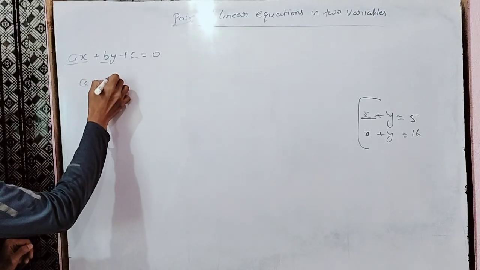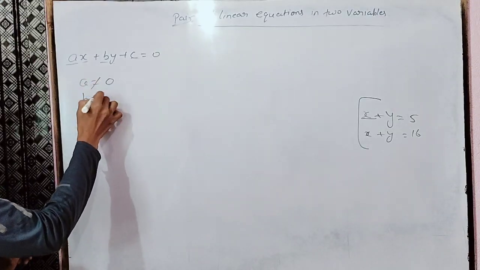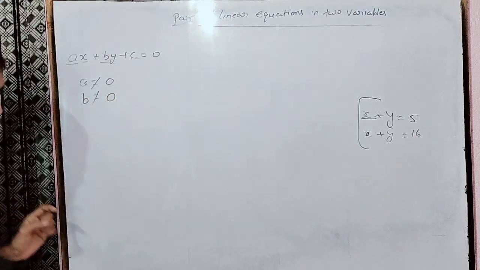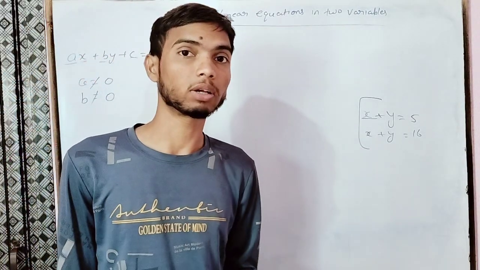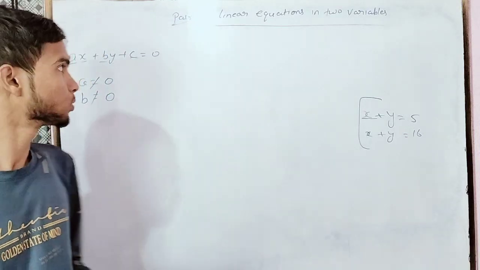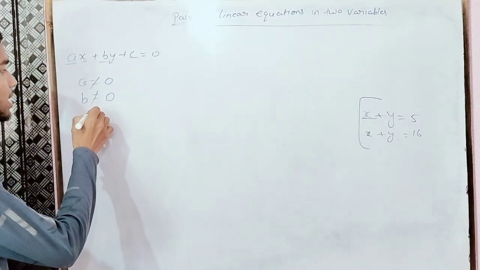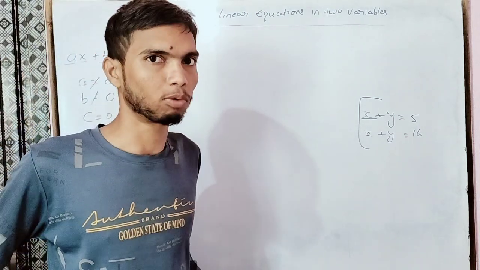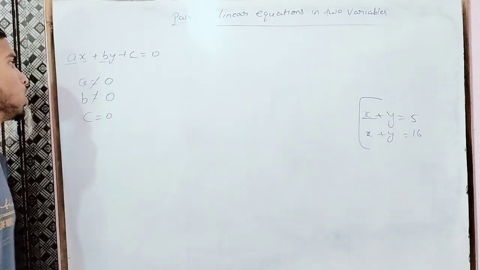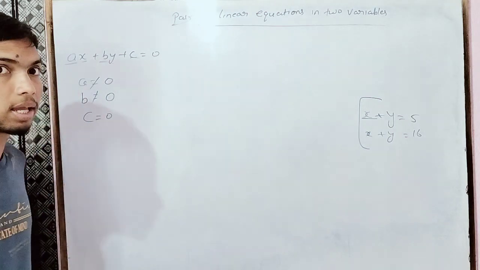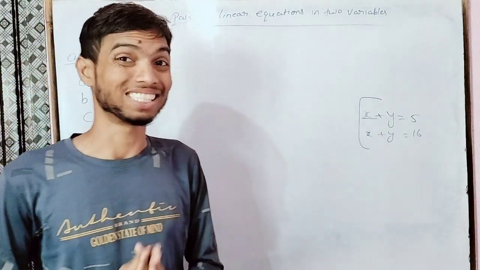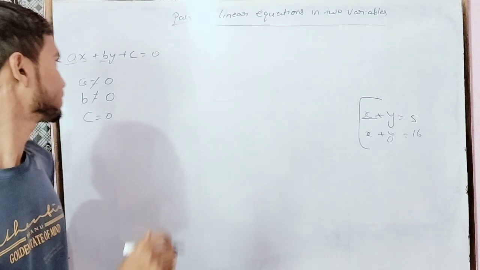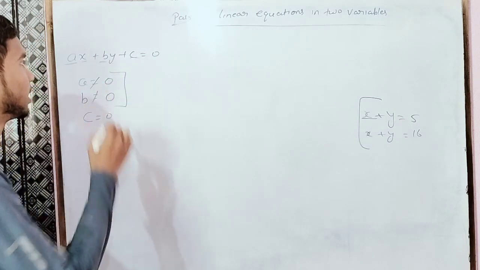But here is a warning: a should not be equal to 0, and b should not be equal to 0 as well. Here c can be 0. You can put c as 0, but a and b should not be 0. What is the logic behind it?